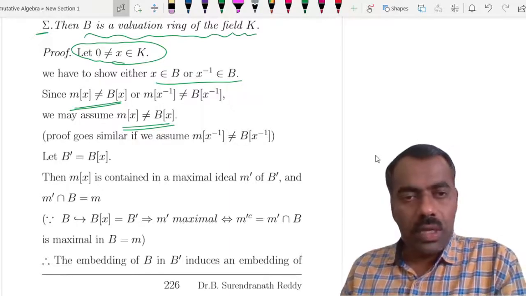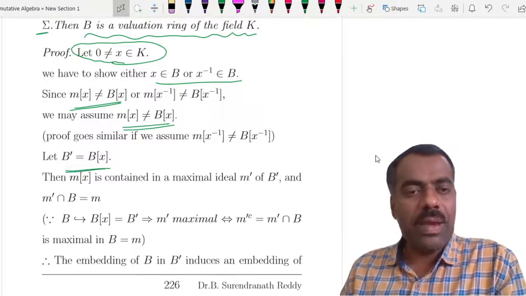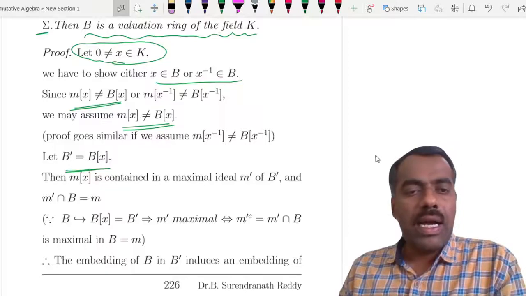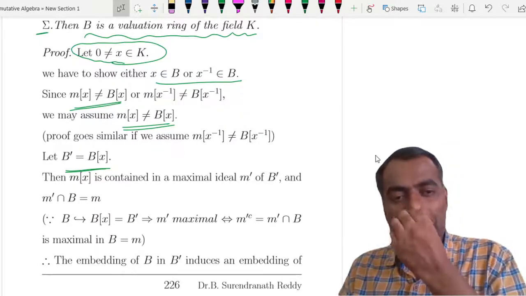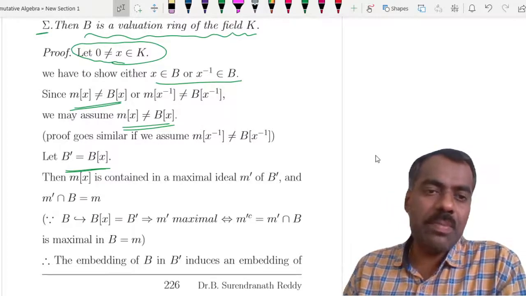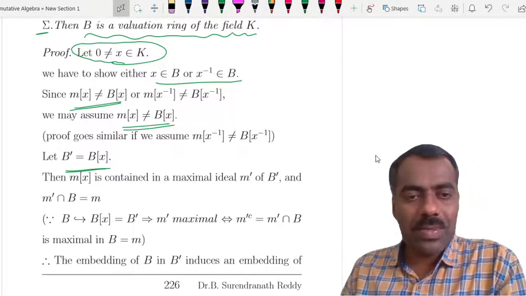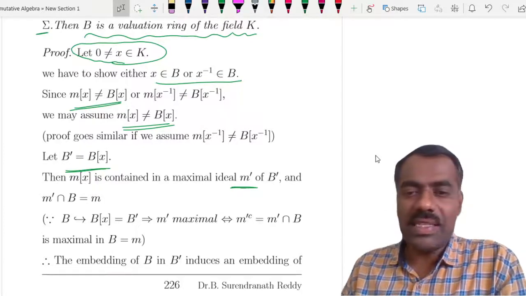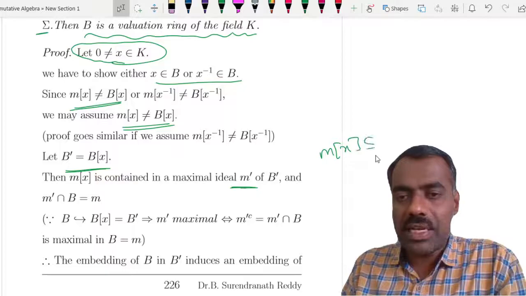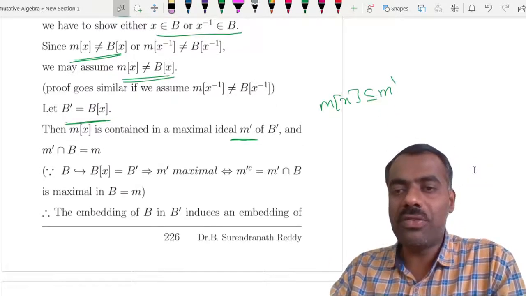Fine. So take this B[x], which you denote by B prime. Then M[x] is an extension of M in B[x]. That may not be maximal, so there exists a maximal ideal, call it M prime, containing this M[x]. So you have M[x] contained in the maximal ideal M prime of B prime.